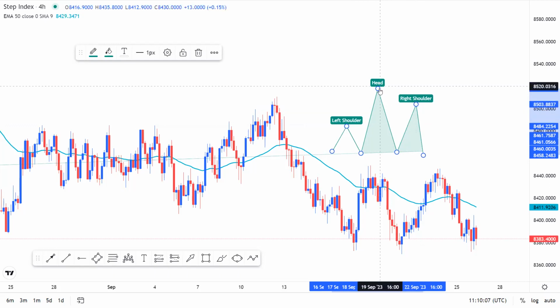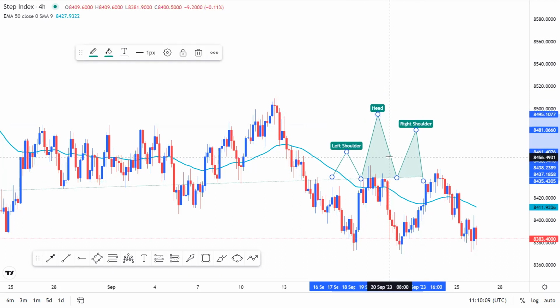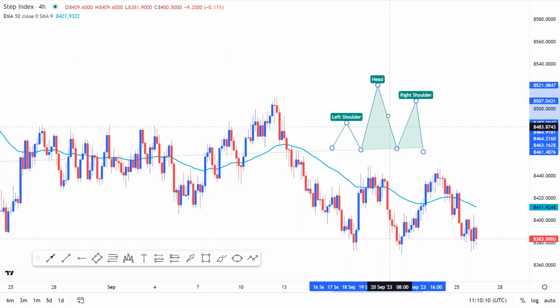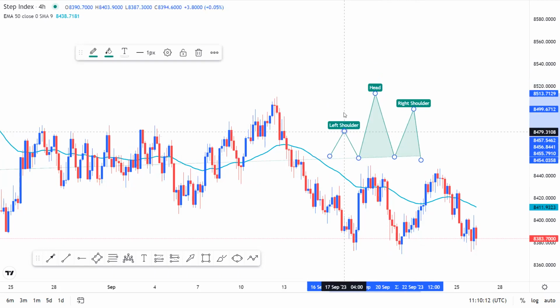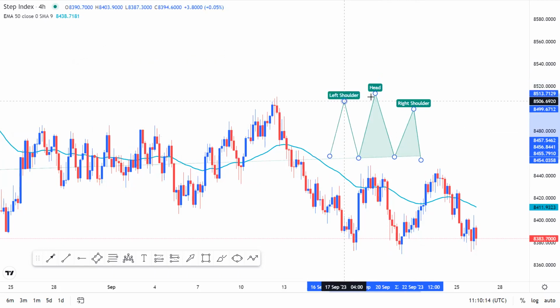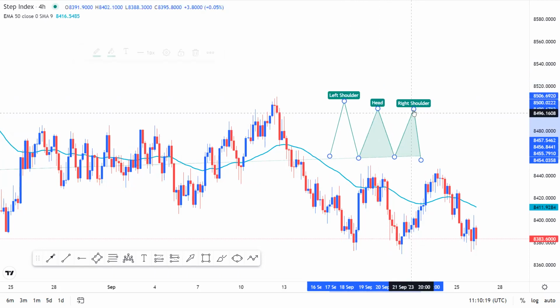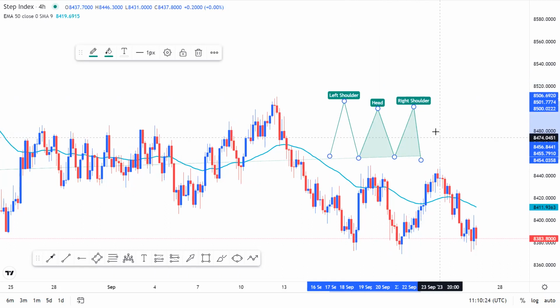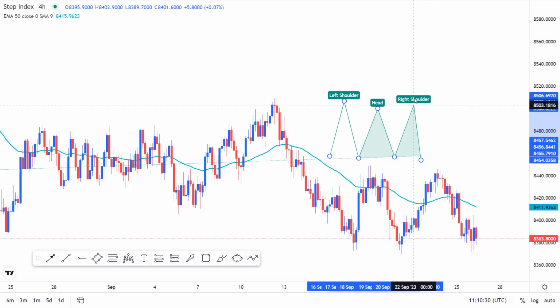And then some other times, it might even come in this form. But as long as it's this kind of reversal formation, then that's fine.